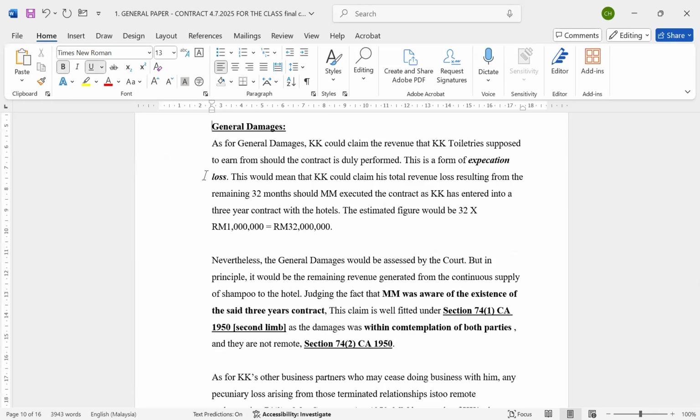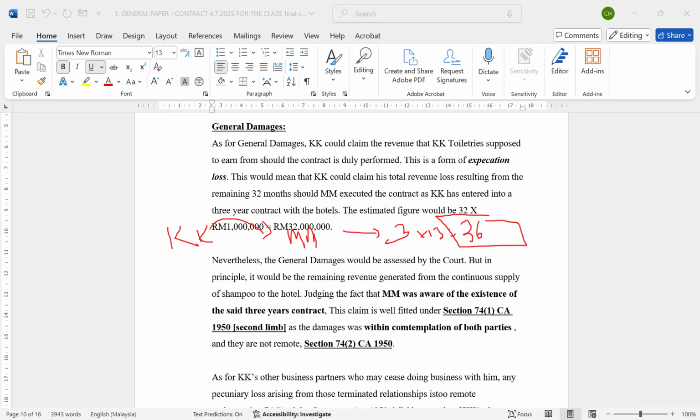As for general damages, KK could claim expectation loss. Imagine the deal between KK and MM will last 3 years. That will be 36 months, isn't it? The duly performed contractual terms is only 4 months before the relationship irrevocably breaks down.